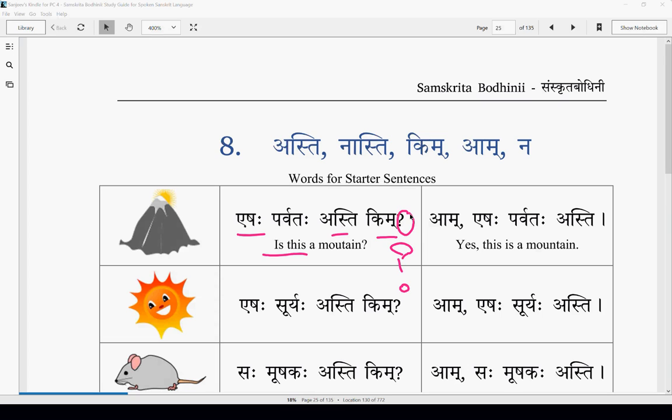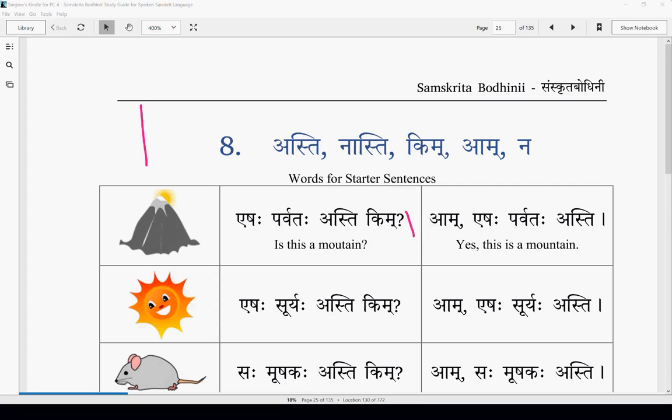This question mark, punctuation mark, is not necessary in Sanskritam. This is just given here for understanding, and it is being used in printing nowadays. But if you see it just in Sanskritam, the punctuation mark is only one, that is the one vertical line indicating the end of the unit.